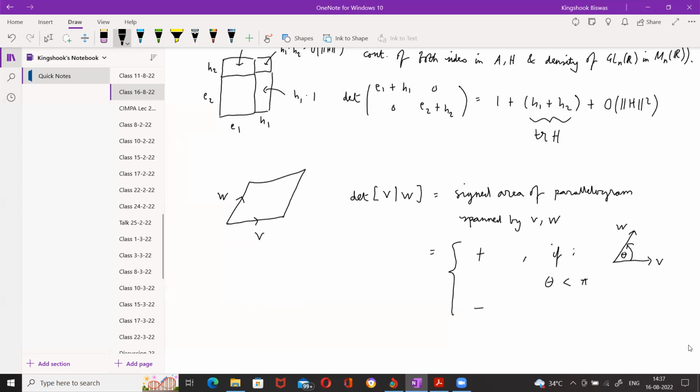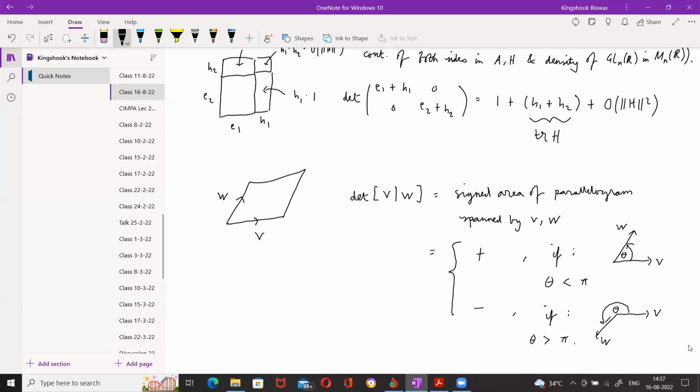And negative if this angle theta is bigger than pi, right? Yes?